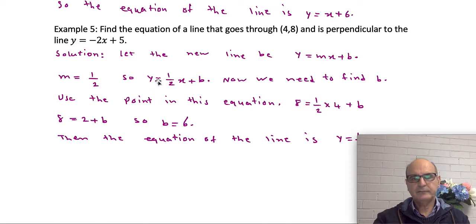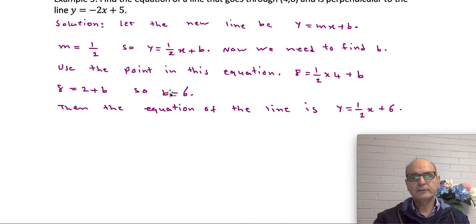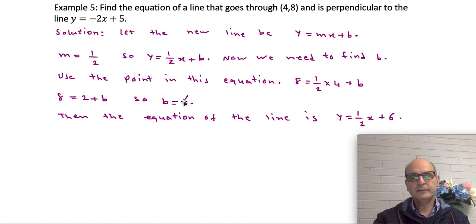So 8 equals half times 4 plus b. Half times 4 is 2, so it becomes 8 equals 2 plus b, and from here b must be equal to 6. Now we can complete our equation.